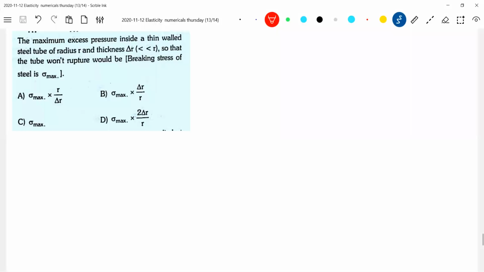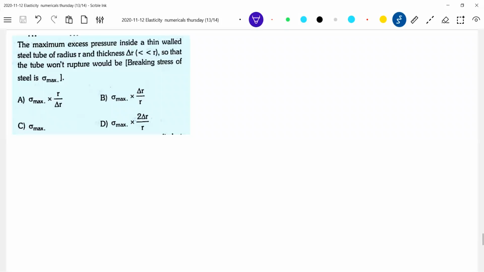The maximum excess pressure inside a thin-walled steel tube of radius r and thickness delta r, so that the tube won't rupture, would be. Thin walled tube.